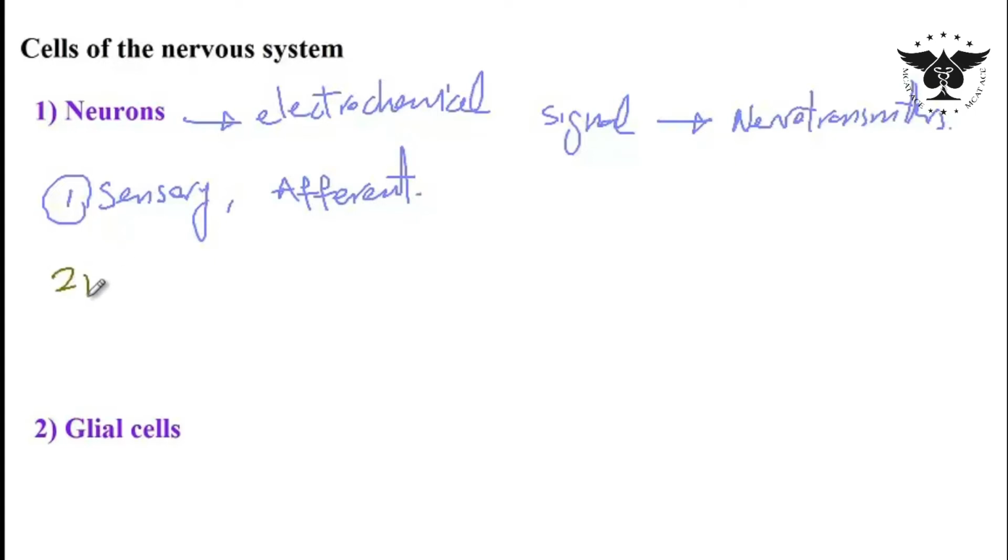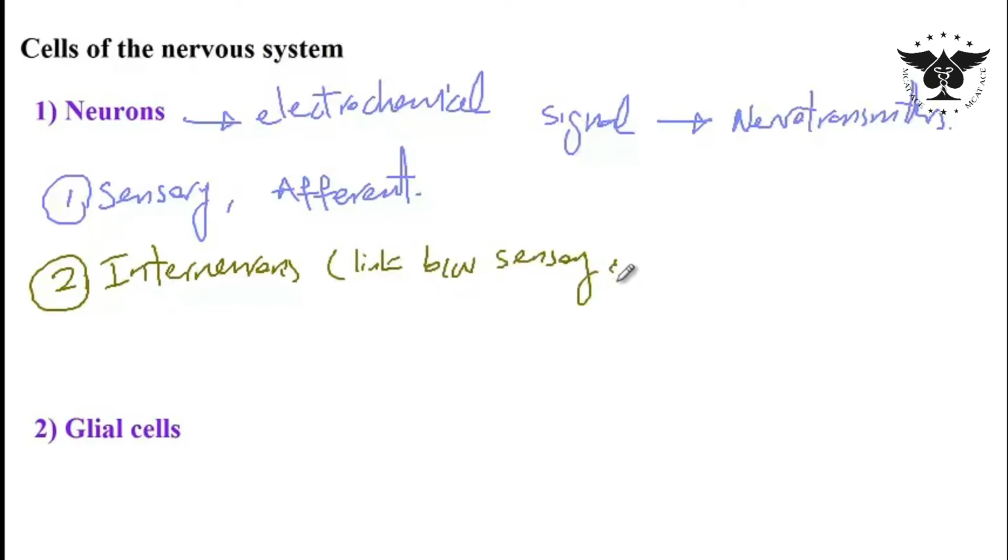Next, we have the interneurons, which are located in the central nervous system, and they function as a link between sensory and motor neurons.